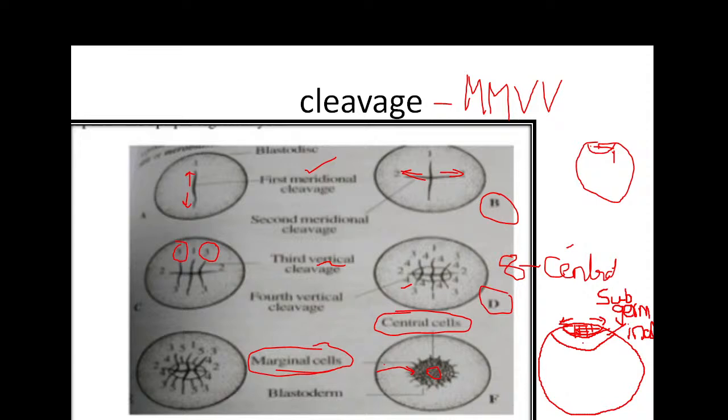Then coming to the cleavage, the last part of today's session was cleavage. In birds the type of cleavage is meroblastic discoidal cleavage. Meroblastic means, since it is a macrolecithal egg, it will be an incomplete cleavage. Discoidal means the cleavage takes place only in the blastodisc, so it is known as discoidal cleavage.